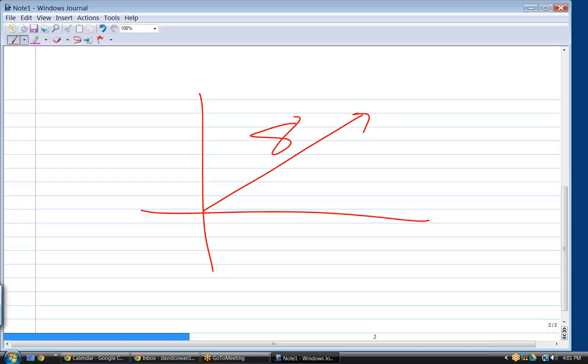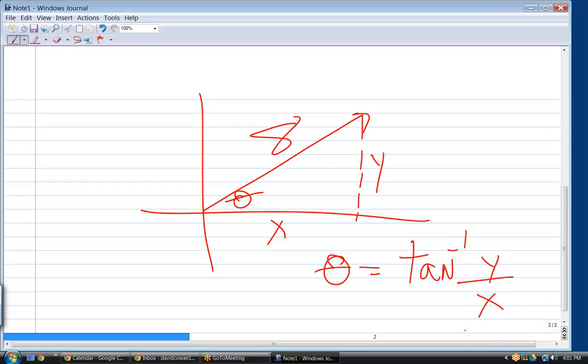I'm looking at this example in the book here. Okay. In other words, as long as we know the components, we can figure out the direction angle. If we know x and y, because that angle, theta, is equal to inverse tan of y over x.